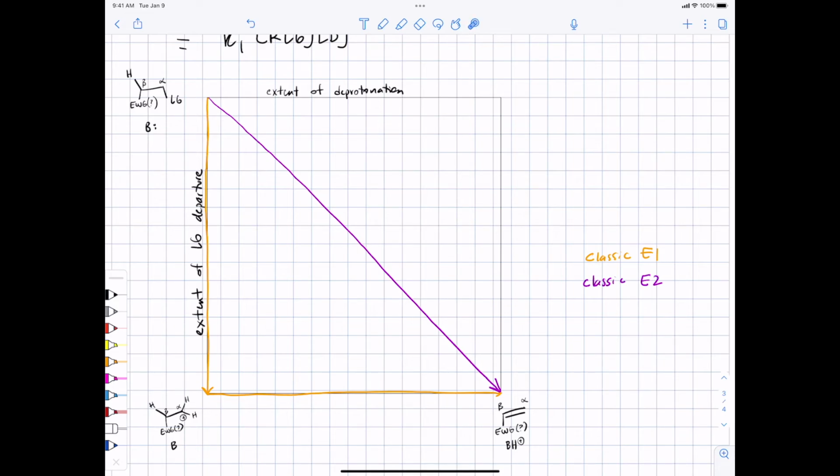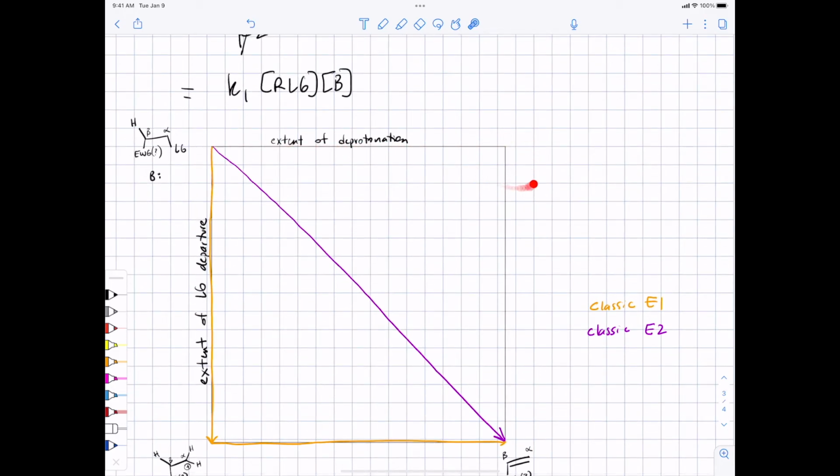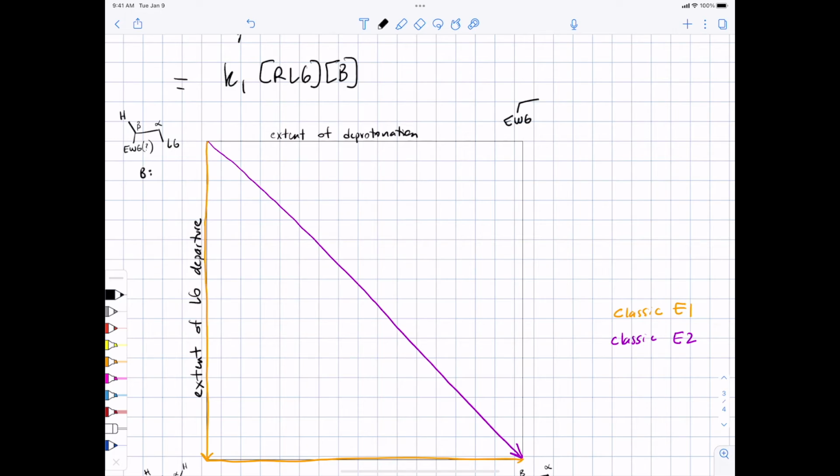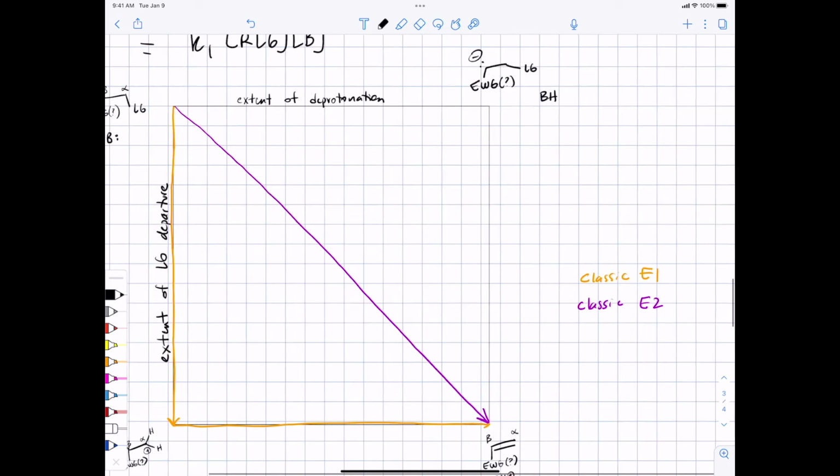Now, with SN1 versus SN2, we never worried about that corner, right? Because there was no way for the nucleophile to go in and make a bond first and then the leaving group leaves, because carbon's too small. With deprotonation, that's a totally different story, because it's totally possible for us to make this anion and then in the second step, the leaving group leaves.